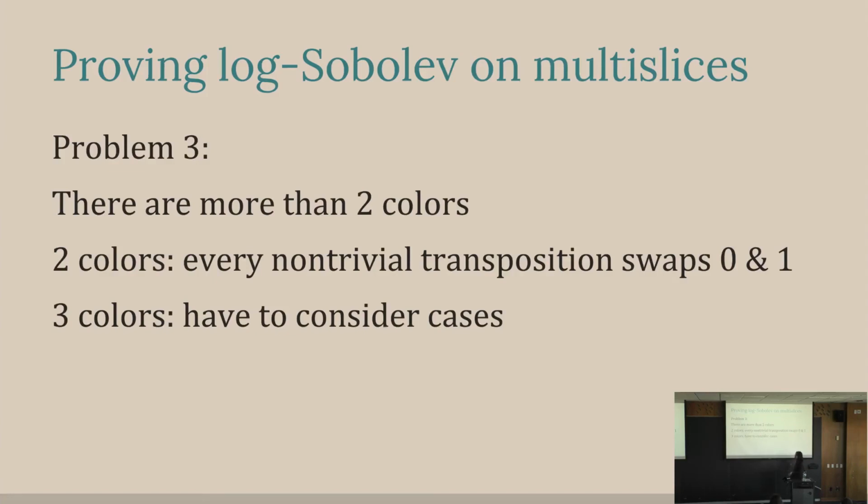But in the three color case, you could swap a 1 and a 2 or a 0 and a 1, and we don't know which case we should consider. These are the problems we face when we try to prove it on non-product domains, and because I have no more time, I'm just going to leave it at that.